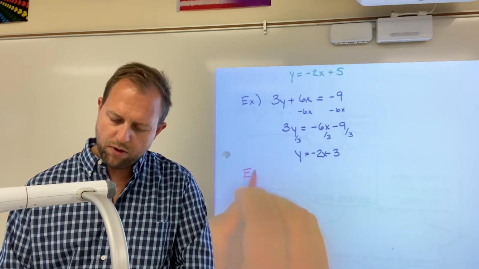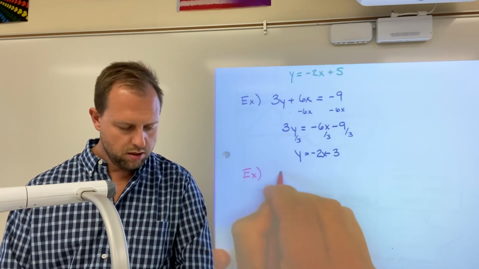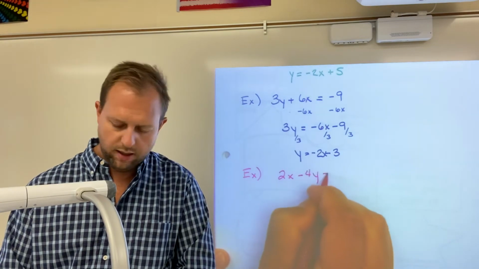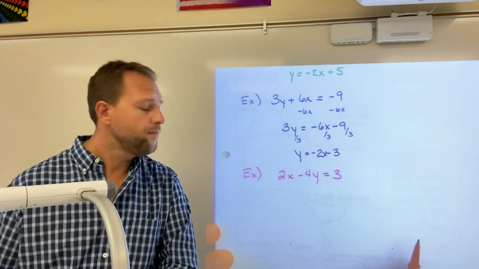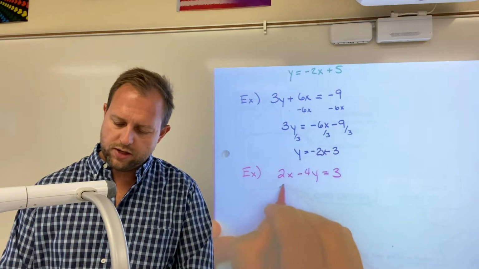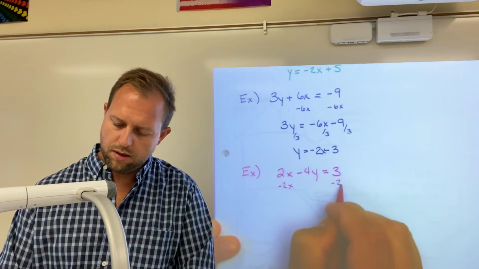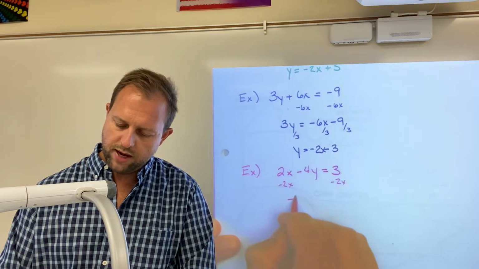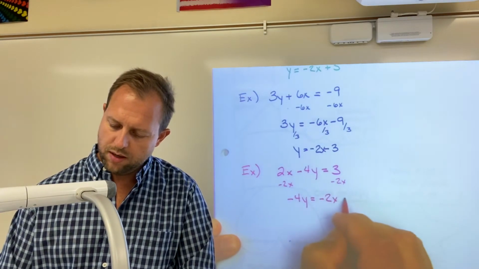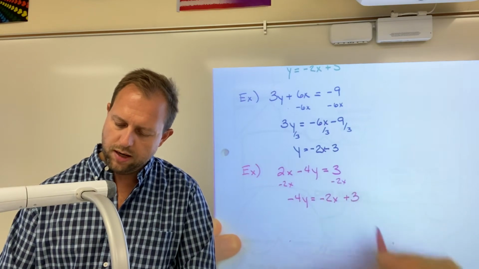One more example on these. 2x minus 4y equals 3. Subtract over that x term. We're left with negative 4y equals negative 2x plus 3.